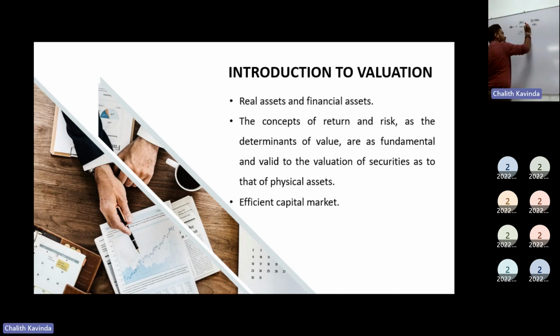Market price is lower than the value that you have calculated. Accordingly, is this undervalued or overvalued? We call it undervalued.